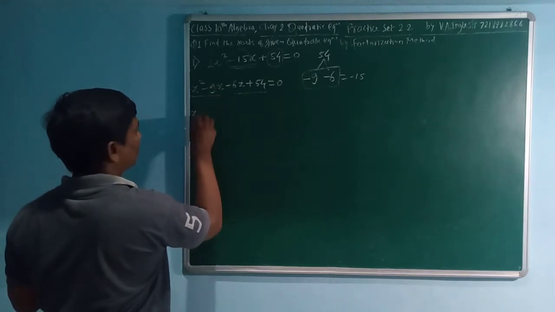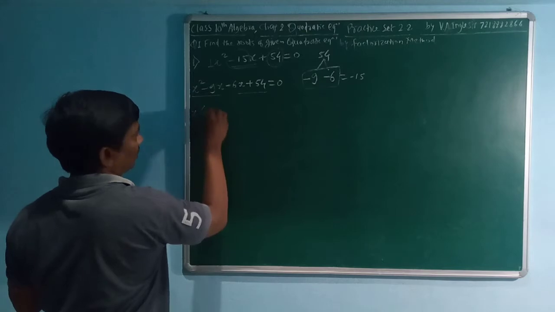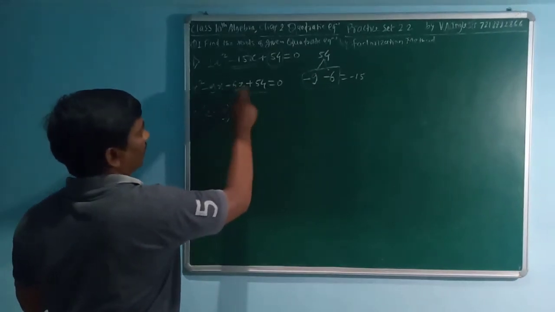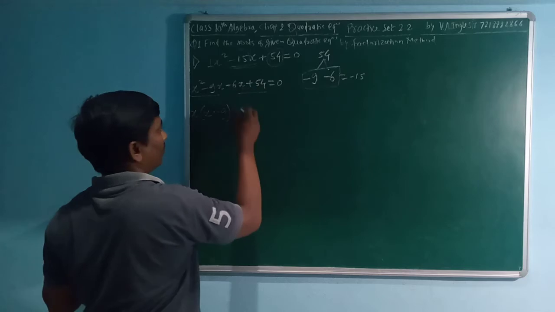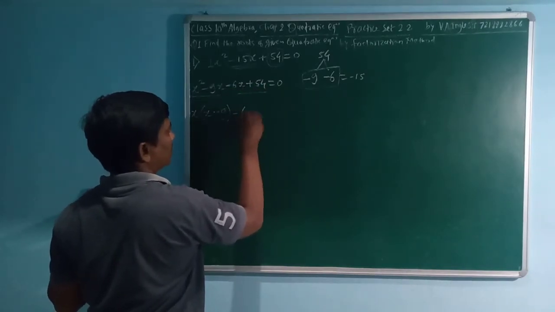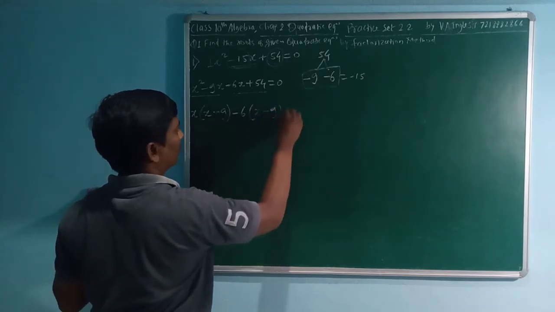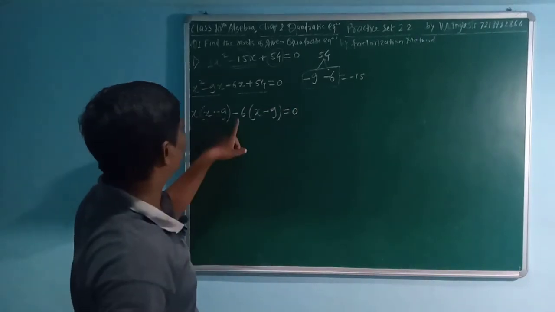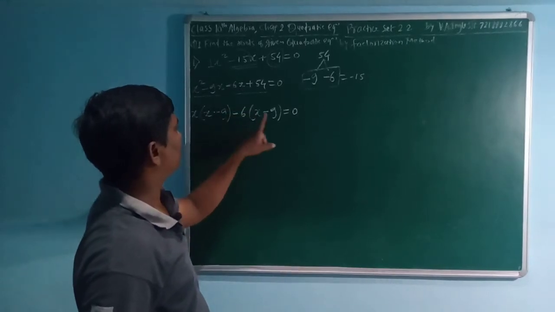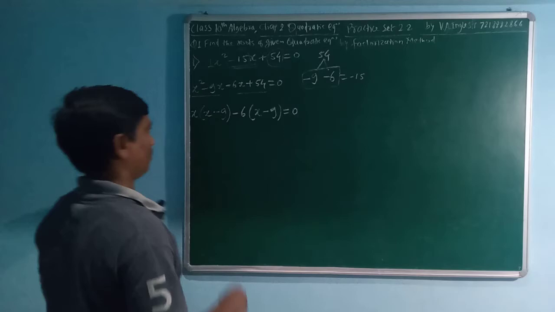Here you can see x is common, so if you take x as common, x will be there, minus 9. Here too, you can take minus 6 as common, and you can write x minus 9 equals 0. See, minus 6 into x is minus 6x, minus into minus is plus, 6 into 9 is 54.